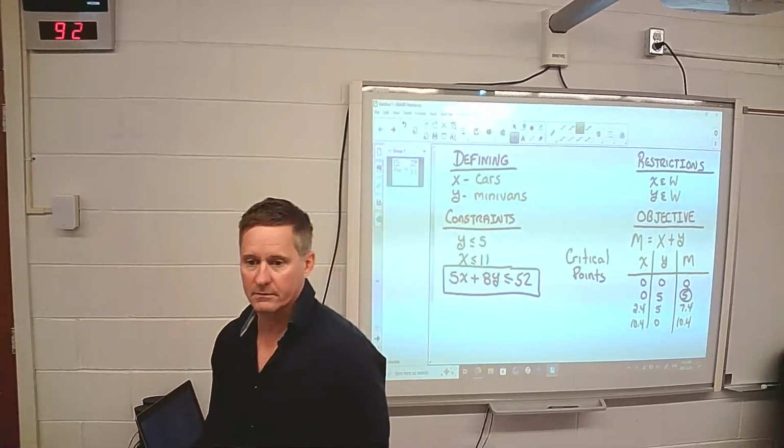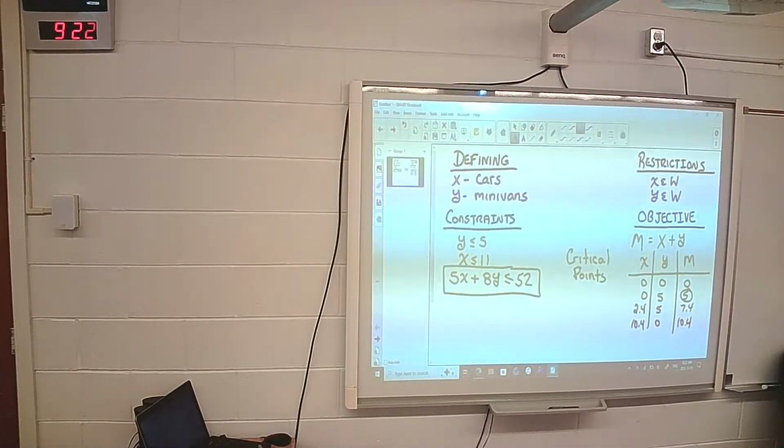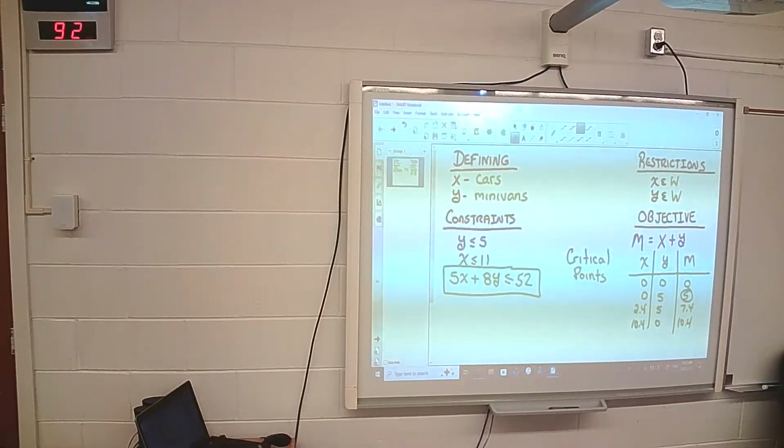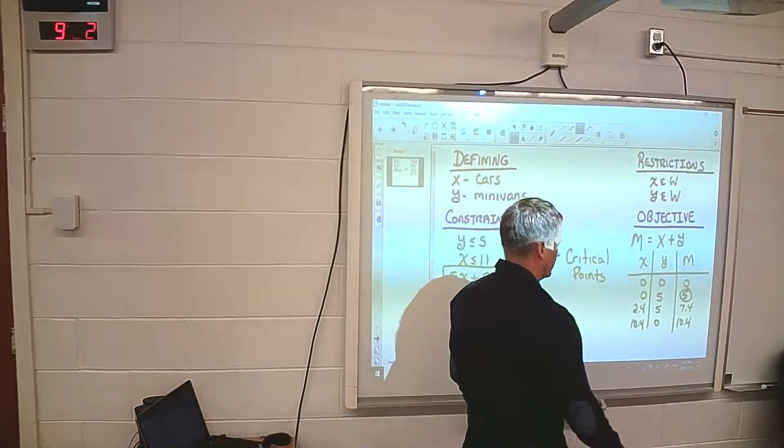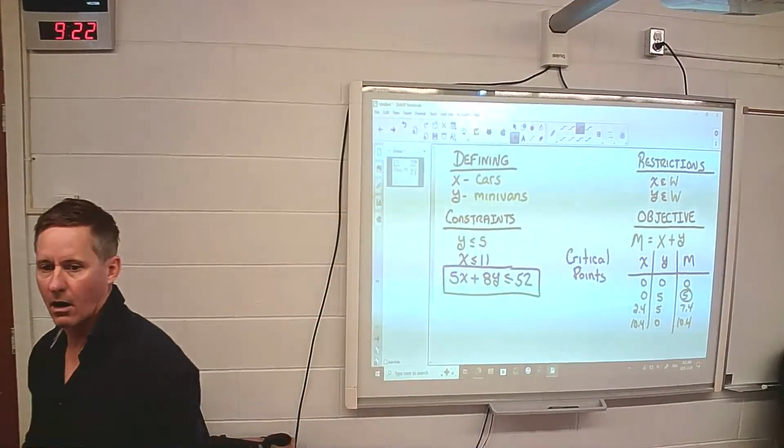That's cars, right? So how many people can I put in a car? 5. What's 5 times 10.4? 52. So if I had to take the maximum number of players, I would need to take 10.4 cars.